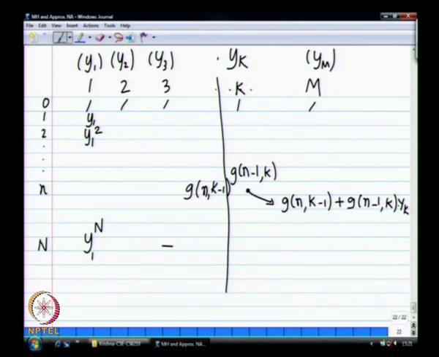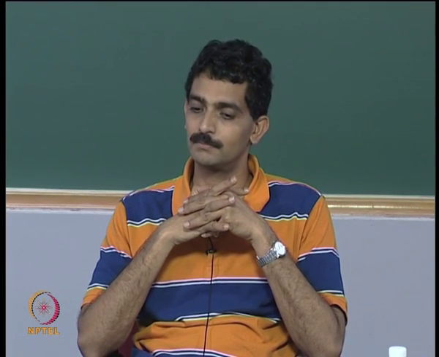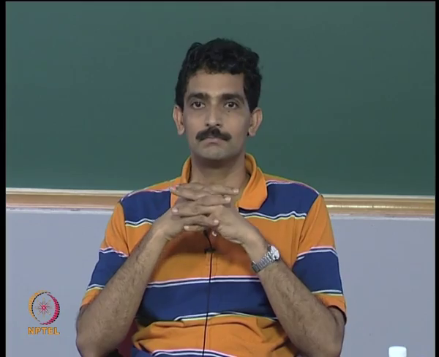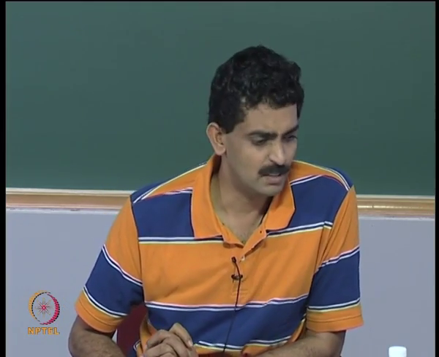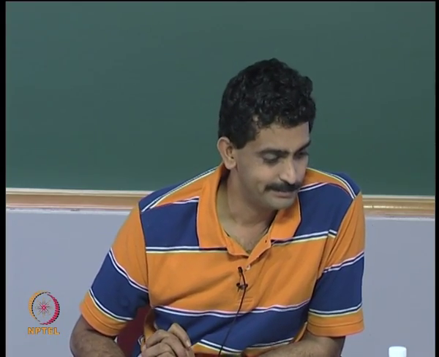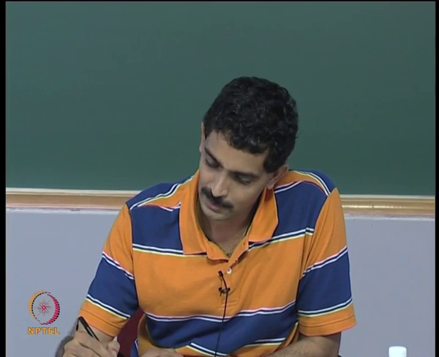So how many computations now? Nm. Every computation is simply an addition and a multiplication. So that is how I can build this. I think this is Buzen's algorithm, and then finally you compute g.